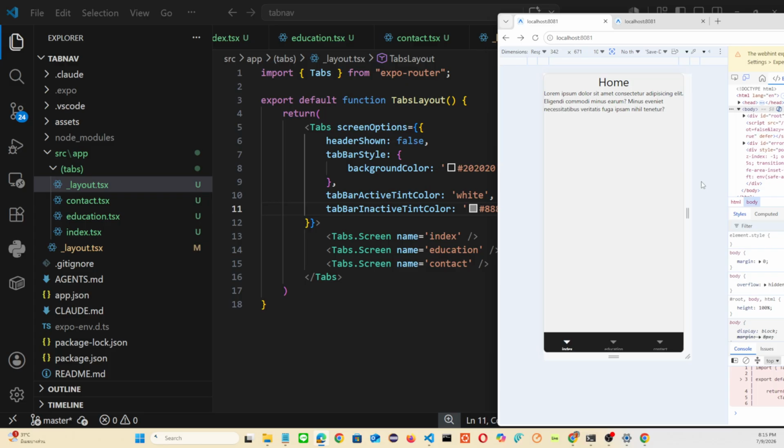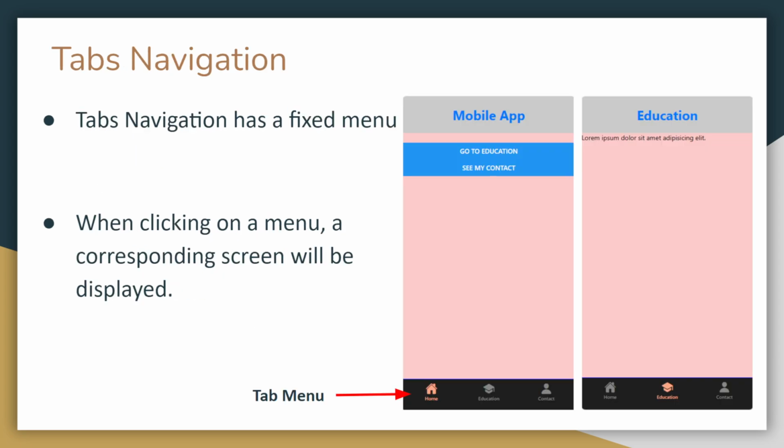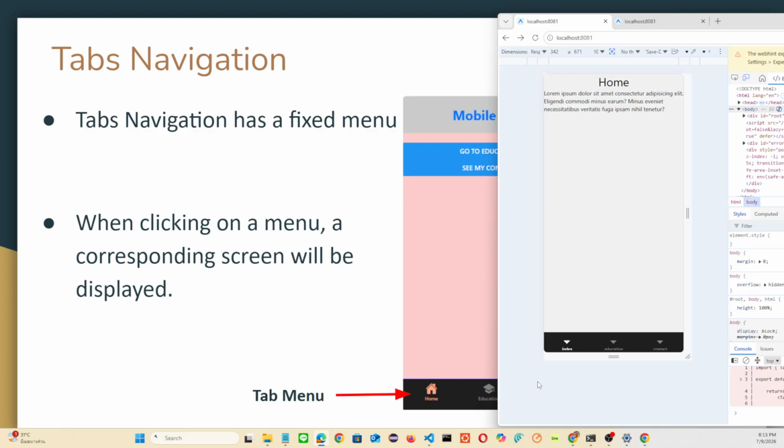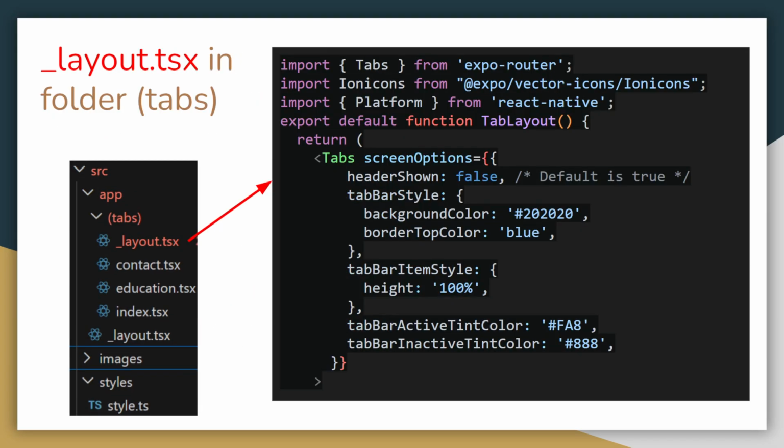But what I really want is to add some icons here. If you look at this one, I want to add the home icon, and then education using the hat, and then contact with the person. To do this, we're going to use the icons.